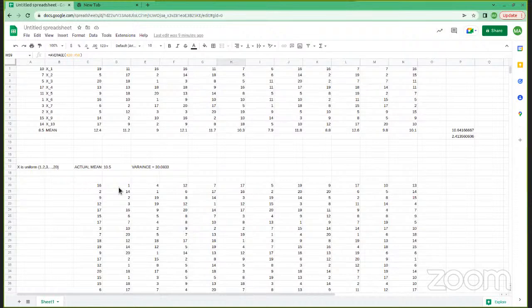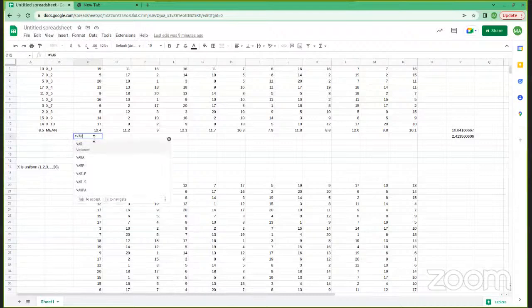Once I get the sample variance, how is it related to my actual population variance? Sample variance is also a random variable.